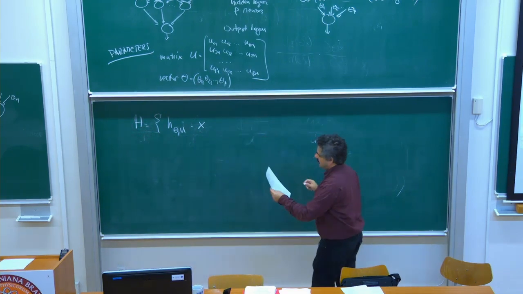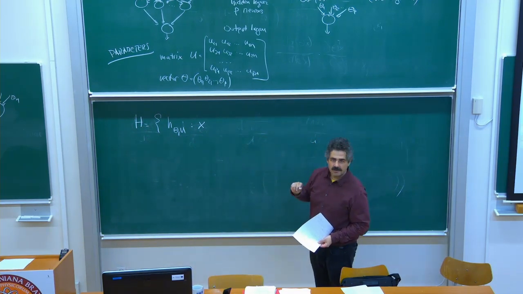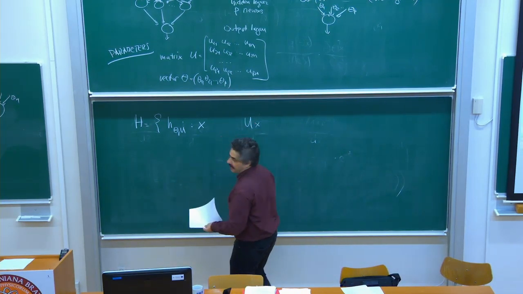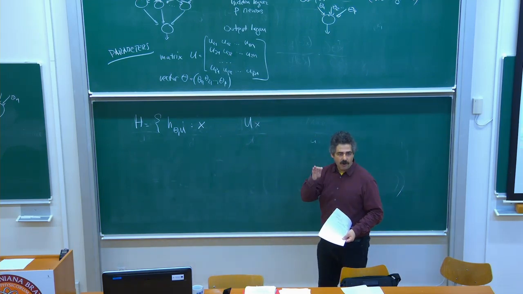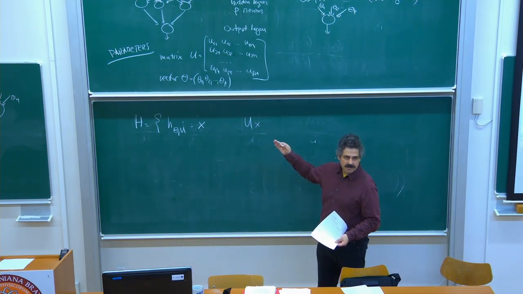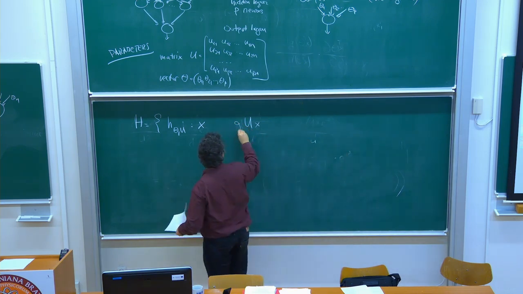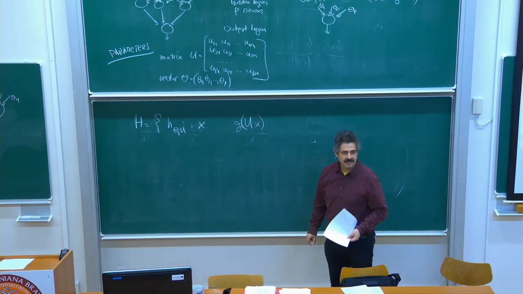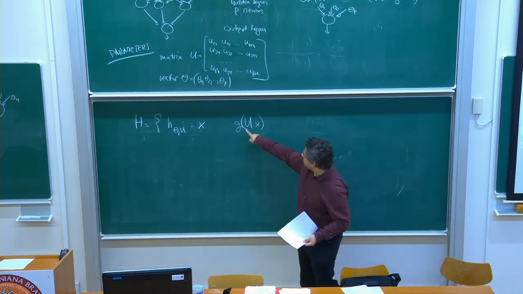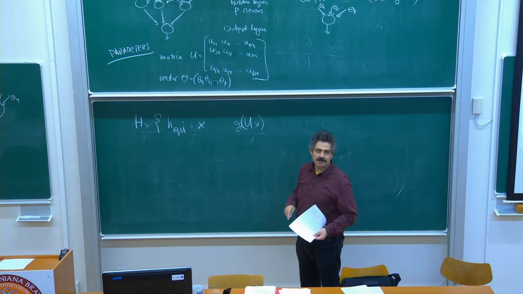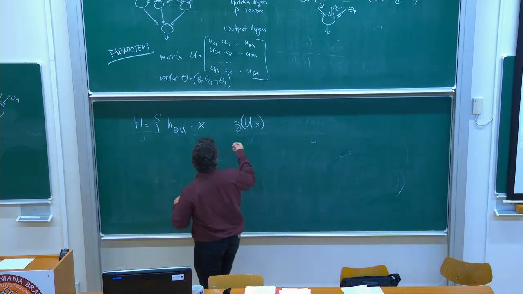In the first layer, we take the matrix U and multiply it by vector x, which gives us a vector of all of these linear combinations in each of the neurons. Then we pass all of these values through the function g, the activation function, and again get a vector of p values.